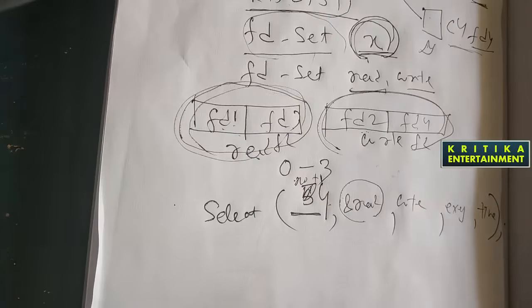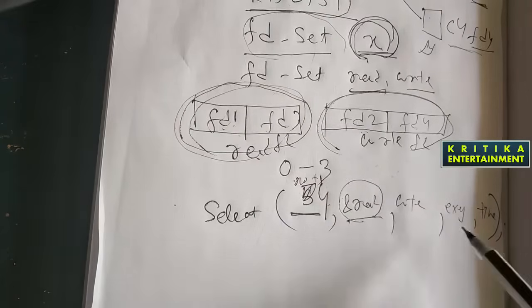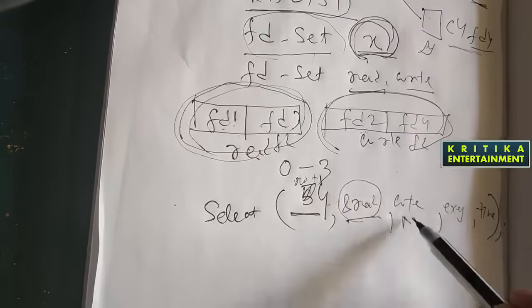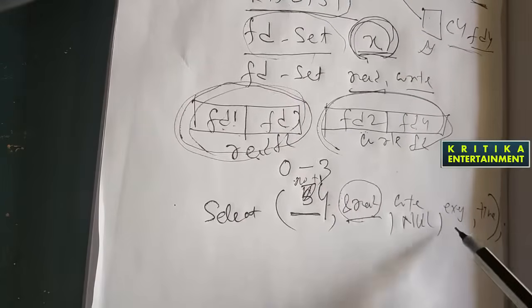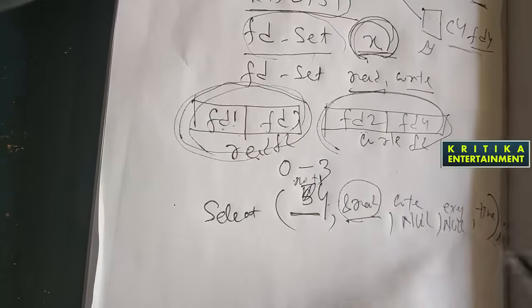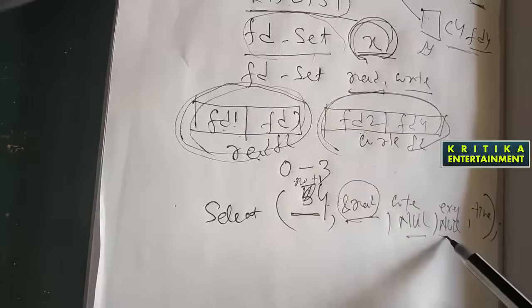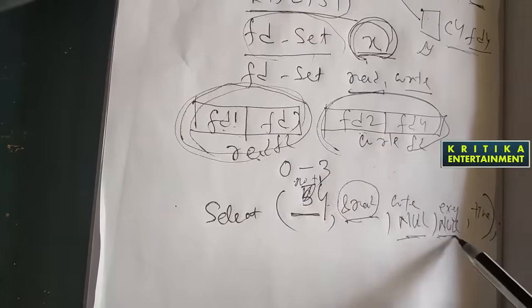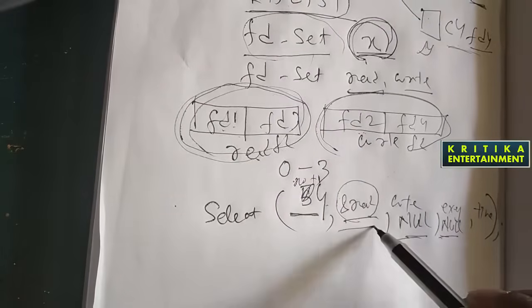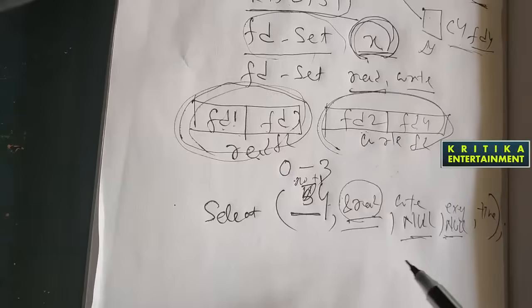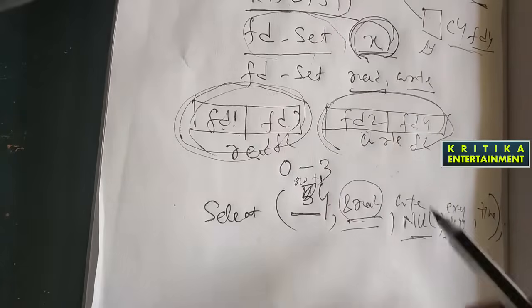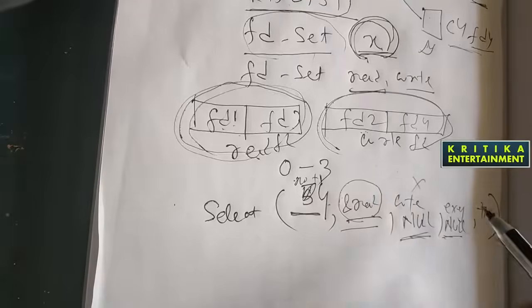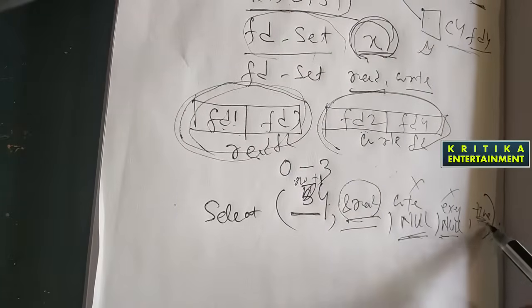So we pass read FD, but generally we do not use the write FD and the exception FD, so we pass NULL. We only use the read function to read the data from the client side, and the server can send anytime, so it does not need the write FD. Then we pass the time value.